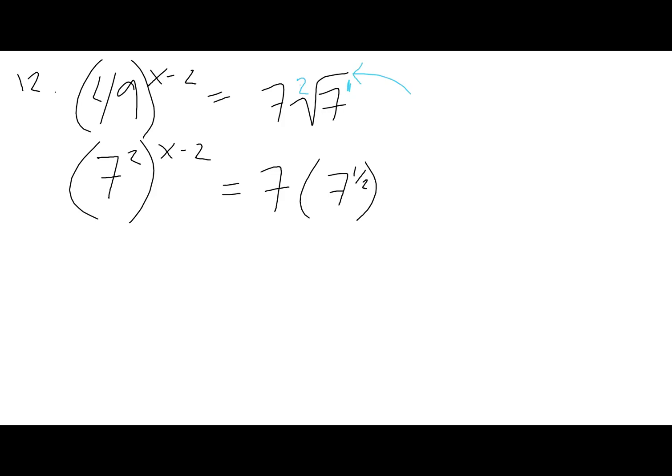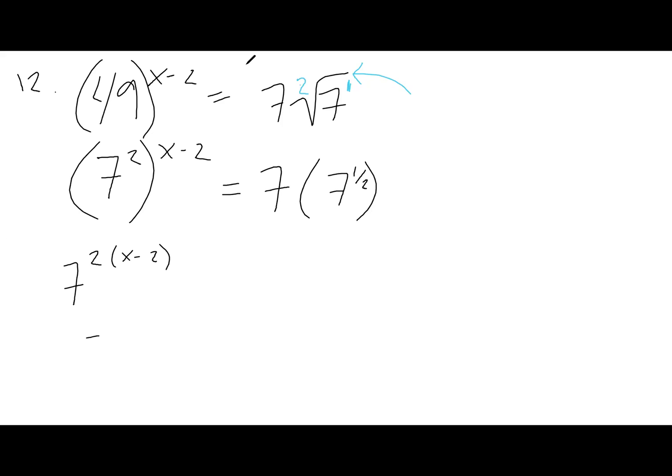All right, now on the left-hand side here, whenever you have 2 exponents, so a power to a power, that's the power rule for exponents. So you're actually going to multiply those exponents together. So this would be 7. If you're going to multiply 2 times x minus 2, you need to make sure you distribute.